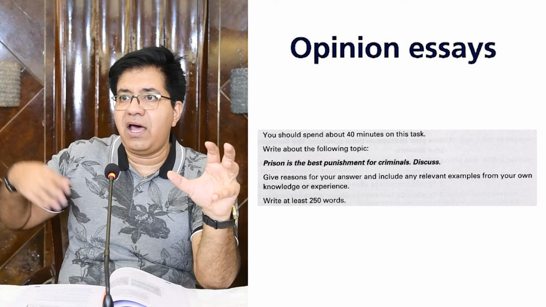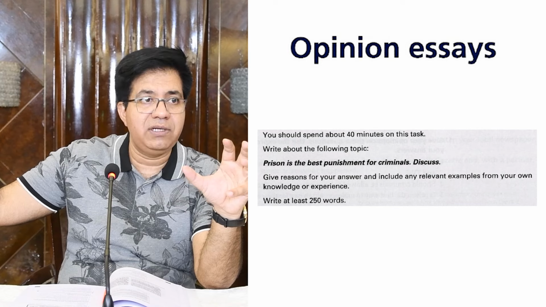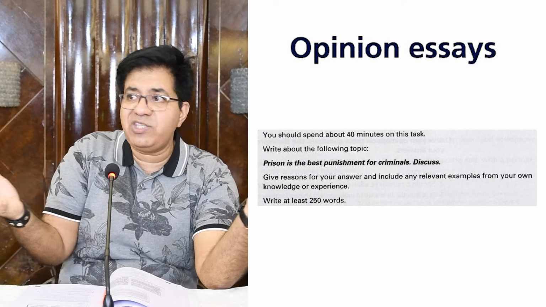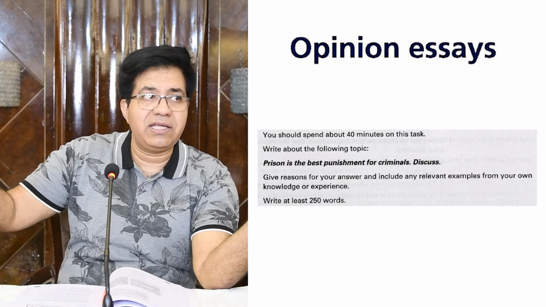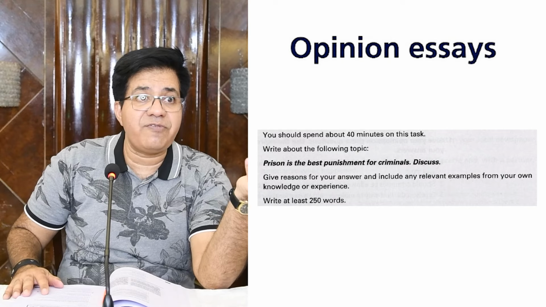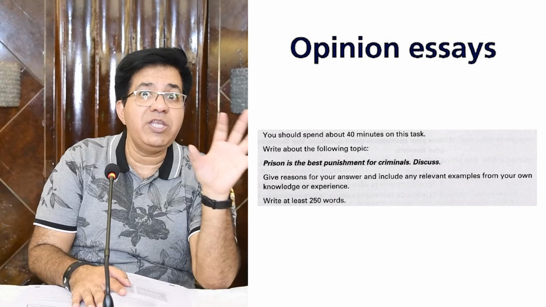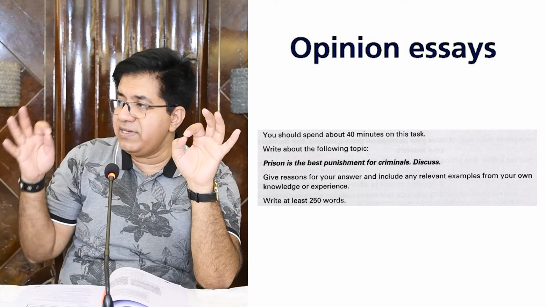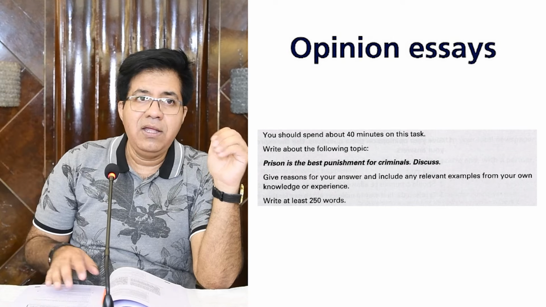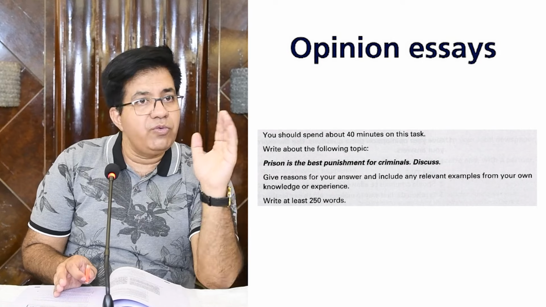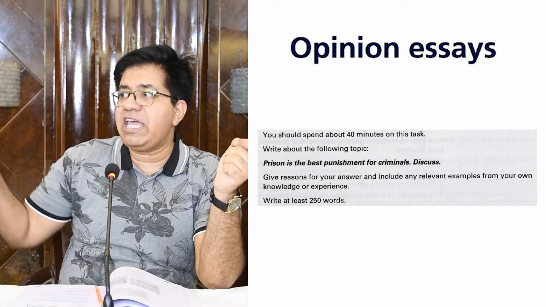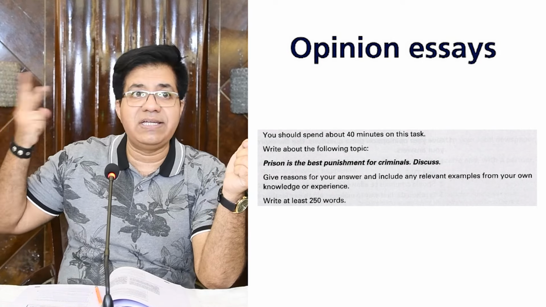If you think there are other ways to punish people, not just prison, prison is jail, prison is captivity, then you disagree with the topic. So the first thing is you need to decide whether you agree or you disagree, and then you need to see, if you agree, what are the reasons?